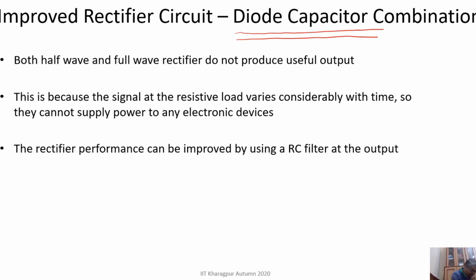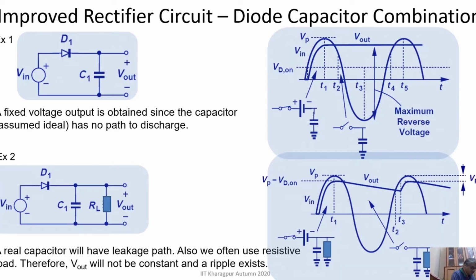If we use a capacitor after this rectifier circuit, the output of the rectifier circuit improves considerably. This part is my half wave rectifier, and we have added a capacitor to this half wave rectifier.